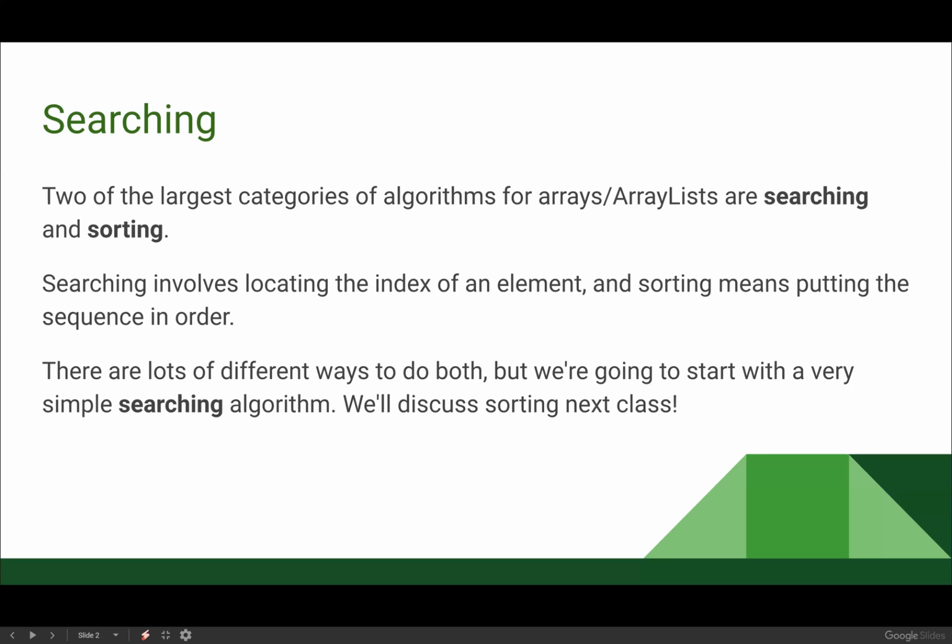Searching is going to involve finding the index of an element in an array or an array list or some kind of collection, where sorting is going to be putting that sequence in order somehow. There's lots of different ways to accomplish both of these things, but today we're going to start with a very, very simple searching algorithm. Next class, we're going to talk about a couple of different sorting algorithms.